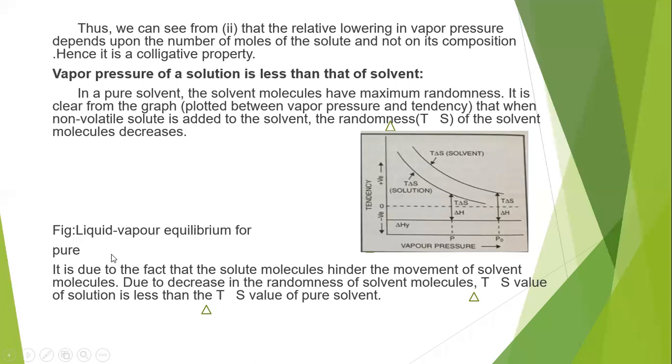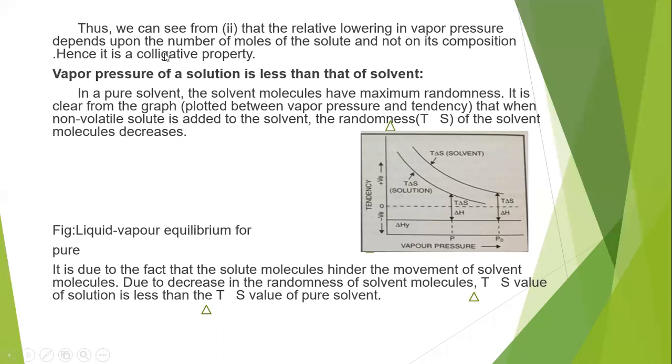So the relative lowering of vapor pressure depends only on the number of moles of a solute, but not on its composition. How can we say that it is a colligative property? Because it depends only on the number of solute particles, but not on its composition. So it is a colligative property.